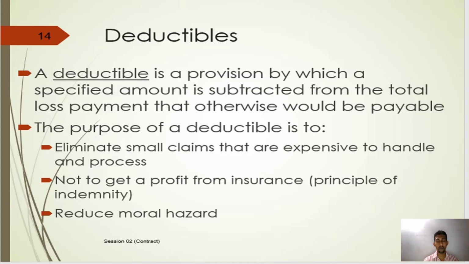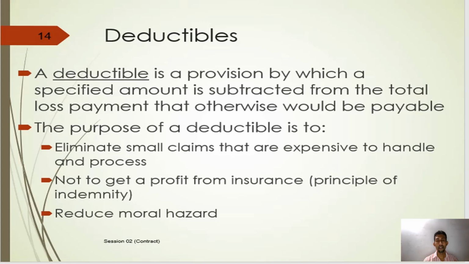They deduct from the total claim. Some of the main purposes are to safeguard some of the insurance policies, eliminate the small claims that will be handled in the process, and also reduce moral hazards. Now, a deductible means an amount is reduced from the insurance claim when they are settling a claim. And sometimes it has to be specifically mentioned in the policy so that there won't be any ambiguity later.